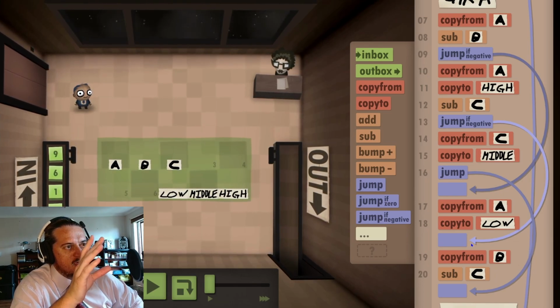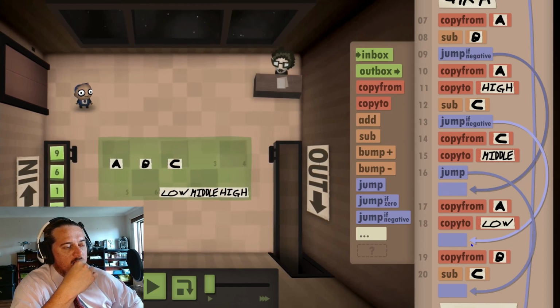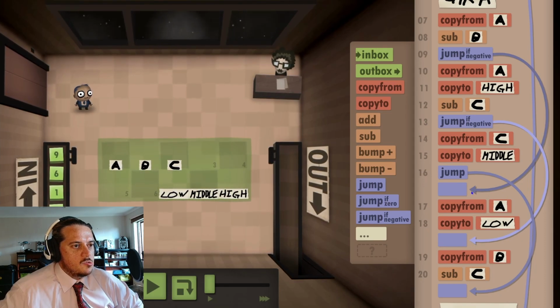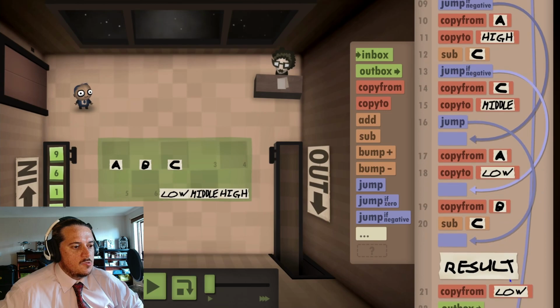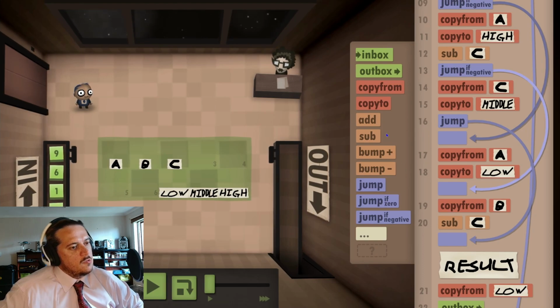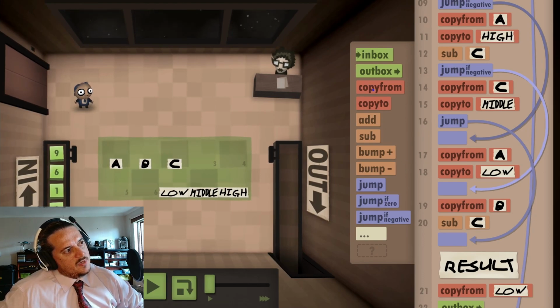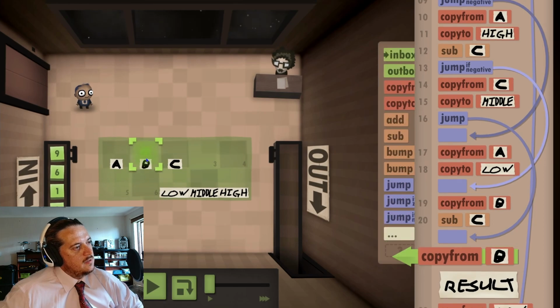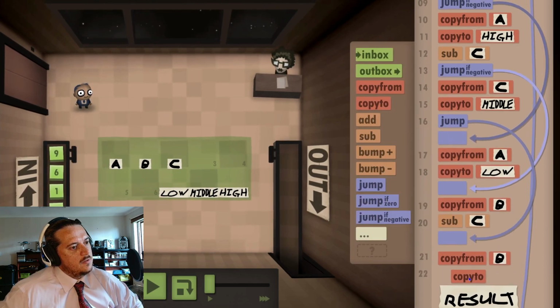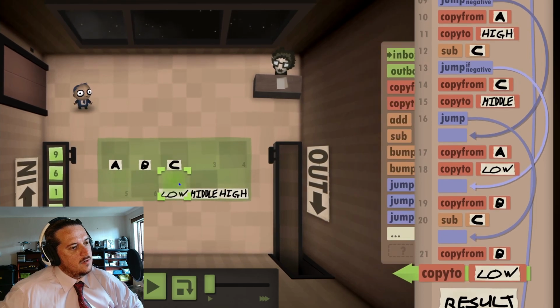Then that stays where it must be. We have to put C in the middle, and we leave B. And we put B in A.